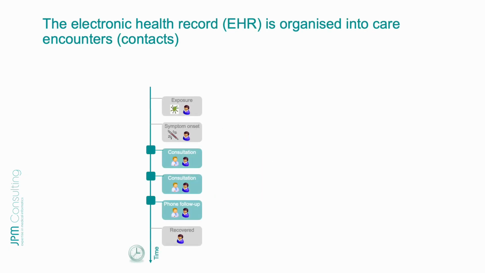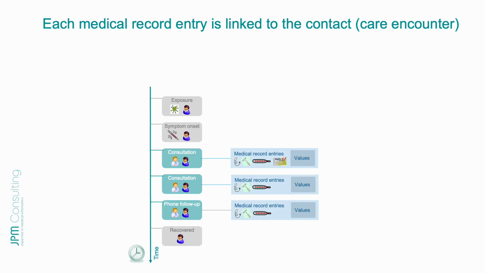Let's summarize. The electronic health record is organized into care encounters. In Solon's methodology, these care encounters are referred to as contacts. Each medical record entry is linked to the contact.